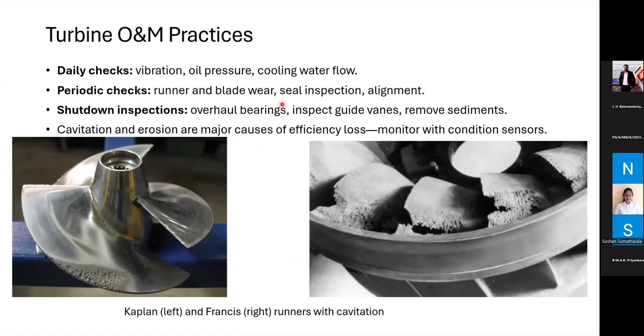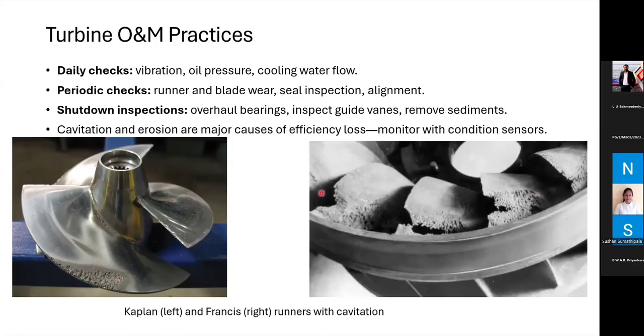This figure shows the cavitation effects on a Francis turbine and a Kaplan turbine. You can see the small water droplets and air bubbles appearing on the turbine blade that can cause this cavitation. Basically, very high speed air bubbles cause a sandblast effect on the turbine and cause these rough patches.